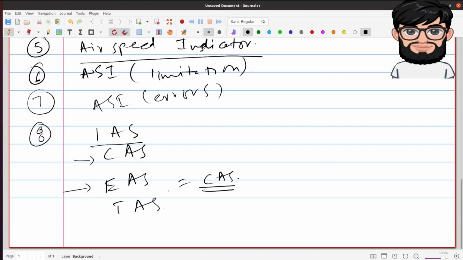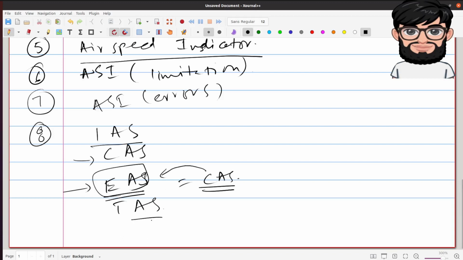So both are the same. If we have the standard atmosphere, the temperature is not increasing, and the pressure is at sea level, so they are going to be equal. But the EAS is more like the calibrated, adjusted for the atmospheric changes. Then the calibrated would become the equivalent.